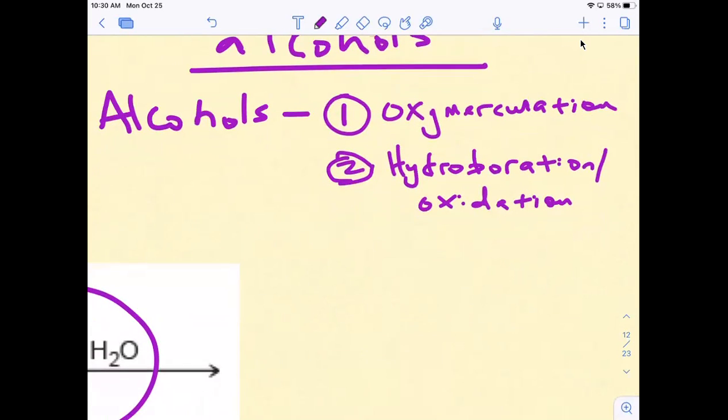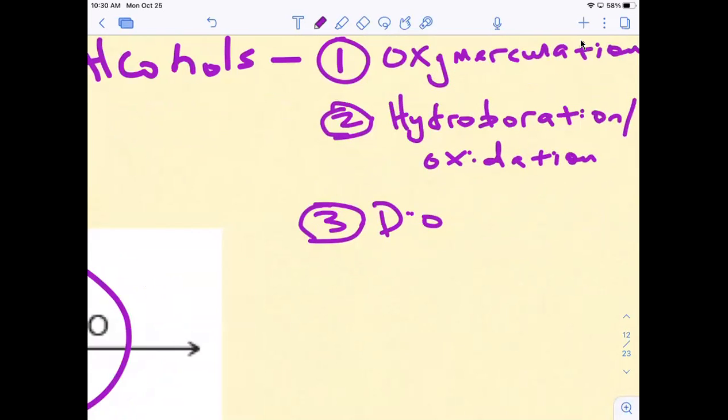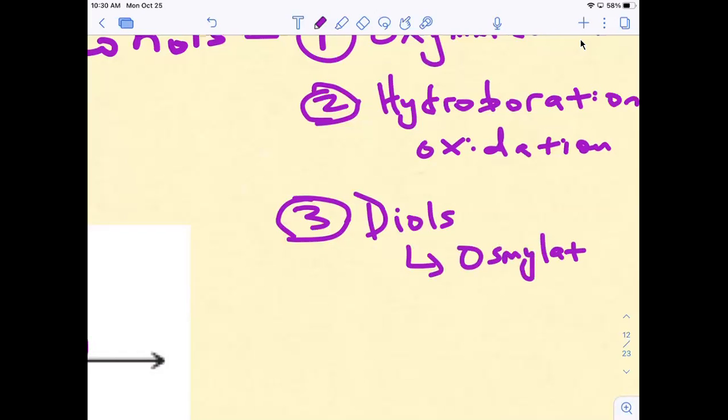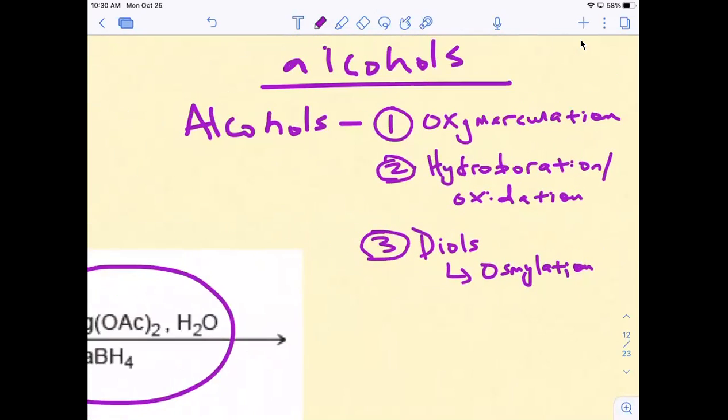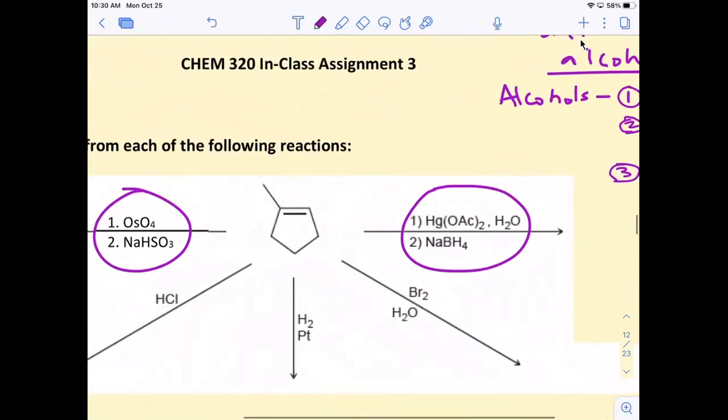But then another type of alcohol is a diol. It's just an alcohol that has two OH groups instead of just one. So for diols, we're going to look at osmolation. All right, so osmolation. So over here, these are the reagents for osmolation.